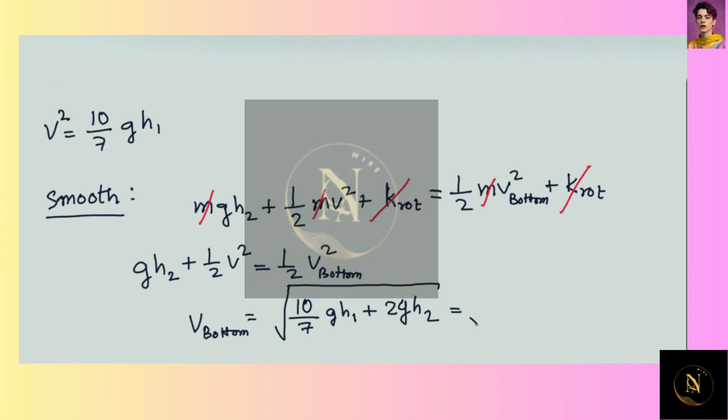If we use the numbers here, let me write down the information over here. h1 is 25 meters, and h2 is 25 meters as well, because as mentioned, the top half of the hill is rough and the bottom half of the hill is smooth.